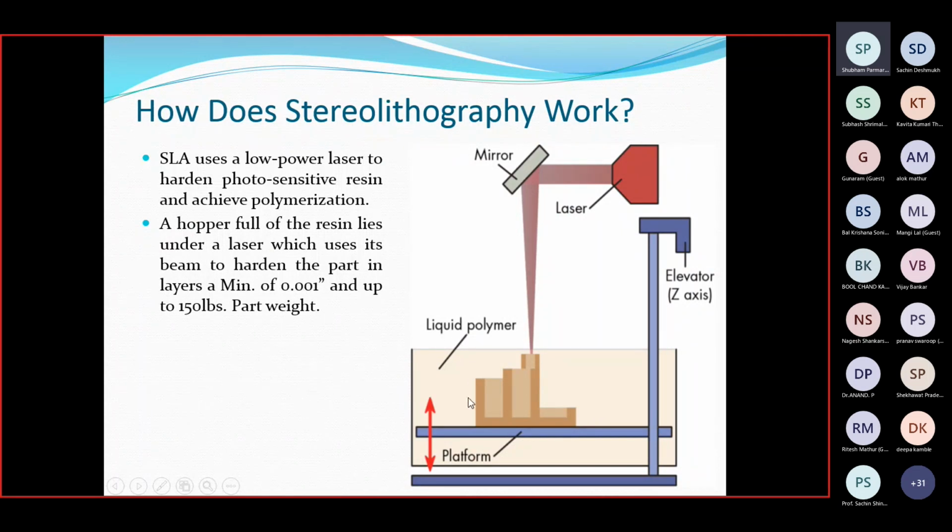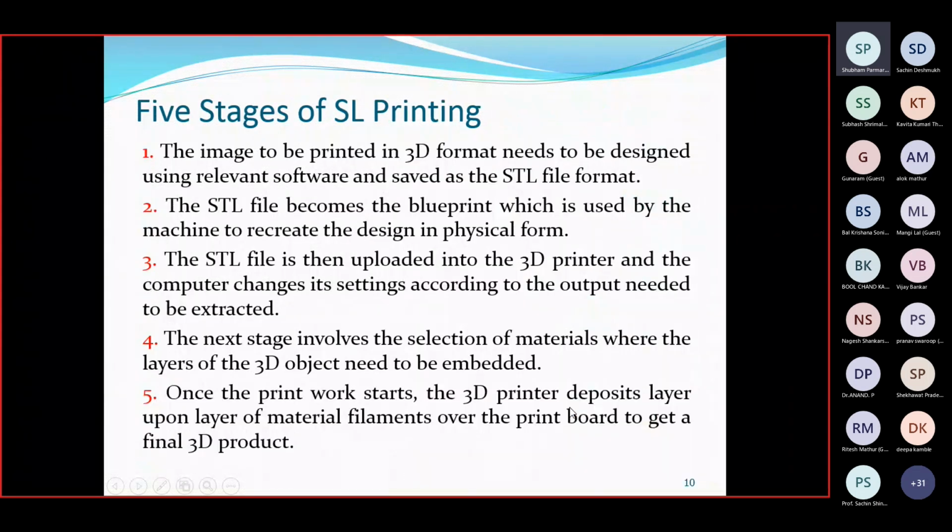But remember, here we are using ultraviolet light, and that liquid should not be aluminium, because aluminium is not sensitive to light. Silver is not sensitive to light either. The liquid you provide should be photosensitive resin. Remember, this is the concept here. So you have to choose the material by which you are going to generate your 3D model.